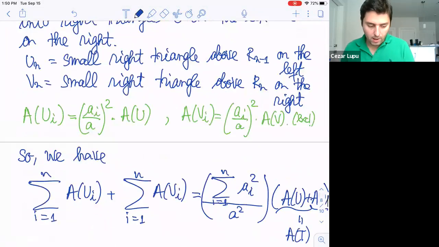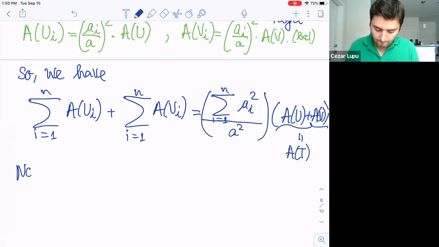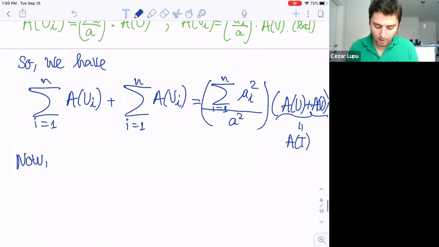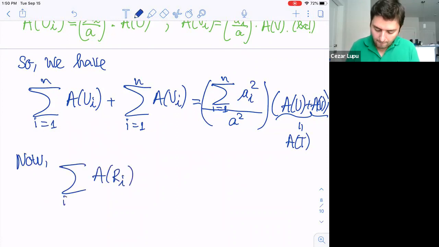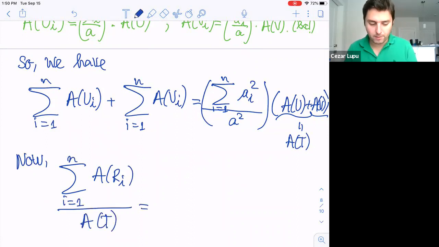Okay, and now we have the following. What do we have? We have that A of R1. In fact, let me write it. The sum of A of Ri over A of T will be what? Can you tell me?